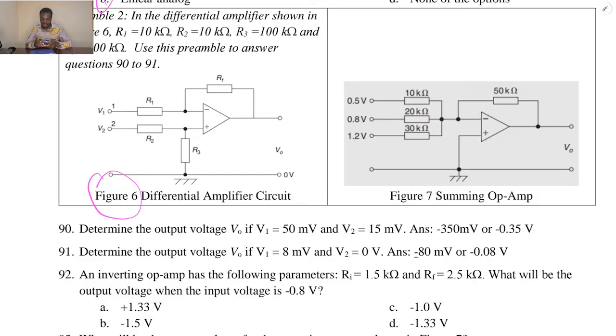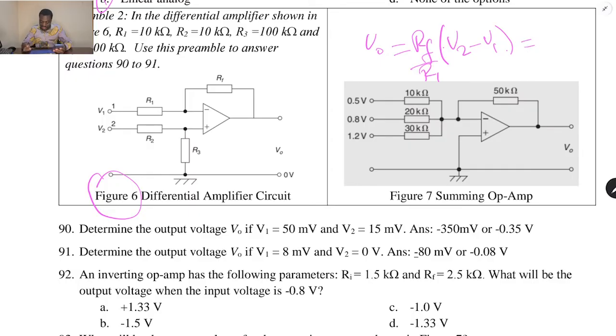So the formula for the differential output voltage for a differential amplifier is going to be the feedback resistance, then we have V2 minus V1, right? Over R1. This is the formula we use for this.